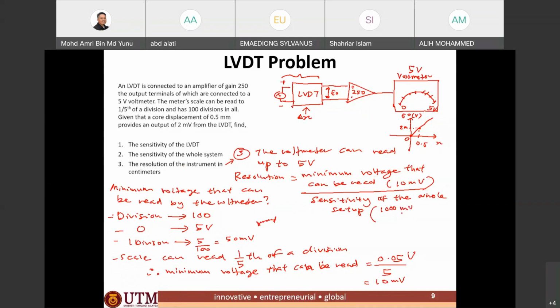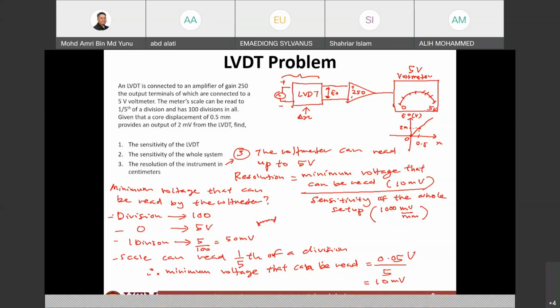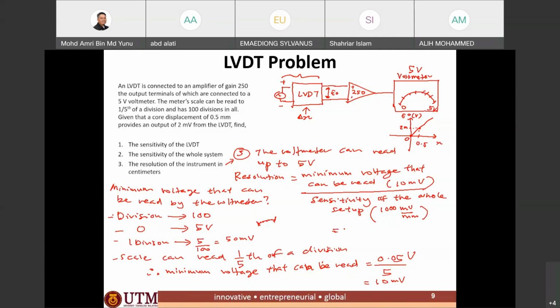So we get the resolution is 0.01 mm, but the resolution in centimeter is 0.001 centimeter.